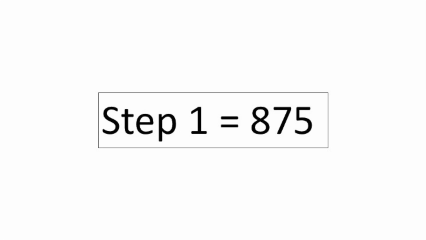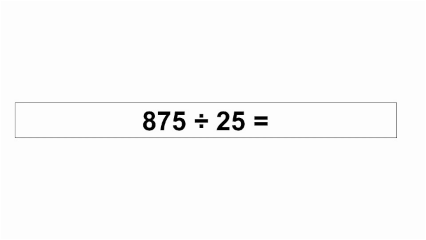But we're not finished yet, because now we have to move on to the next stage of the combined operation. Now, 875 divided by 25. We know the 8 is too small, so we write 0 above that. 87 divided by 25 equals 3.